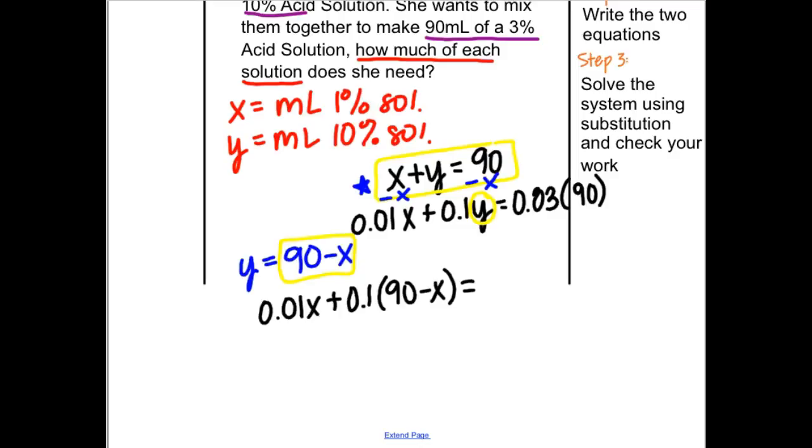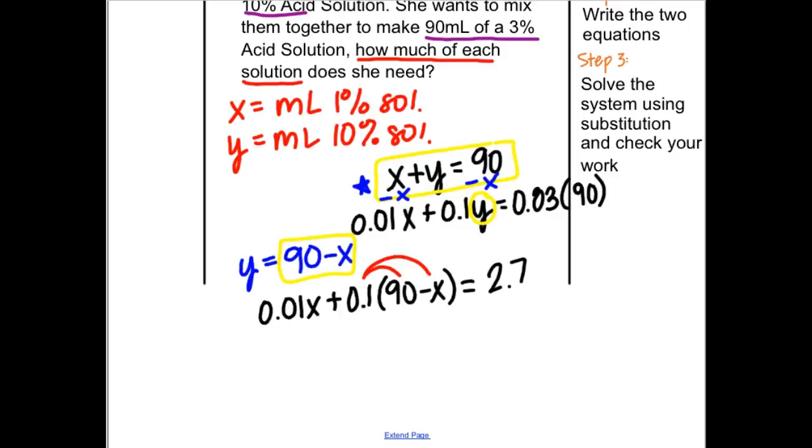So 3 times 90 would be 270, but I need to have that decimal in there, 2 decimal places. So I believe it should be 2.7. Am I correct, Mr. McGree? Yes. Okay.